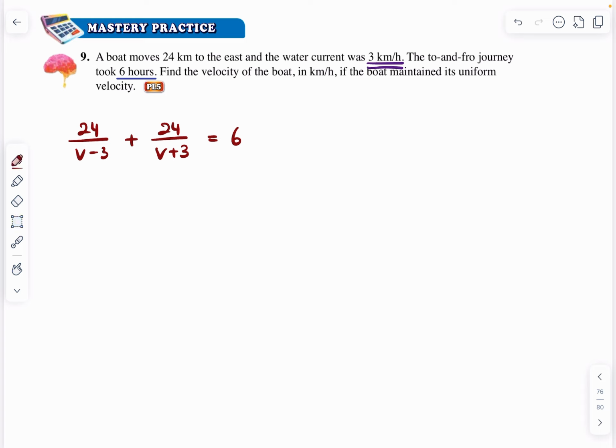To solve this, we must make our denominator the same. So this fraction times v plus 3 and this fraction times v minus 3.